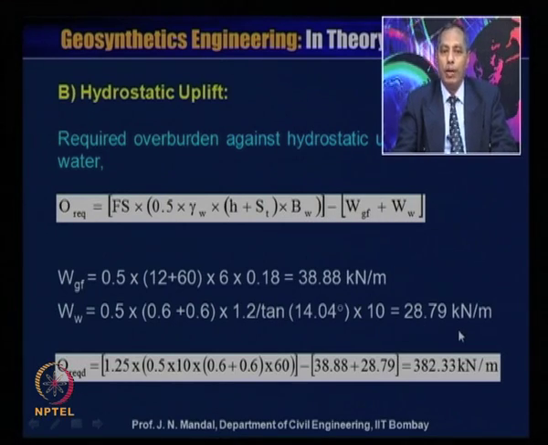So now you know the weight of the geofoam and the weight of the water. Now substitute these values in this equation. O required will be the factor of safety, given as 1.25, into 0.5, into gamma W equal to 10, into H plus St, 0.6, into the bottom width 60, minus Wgf, 38.88, plus Ww, 28.79. So it will give 382.33 kilonewton per meter.